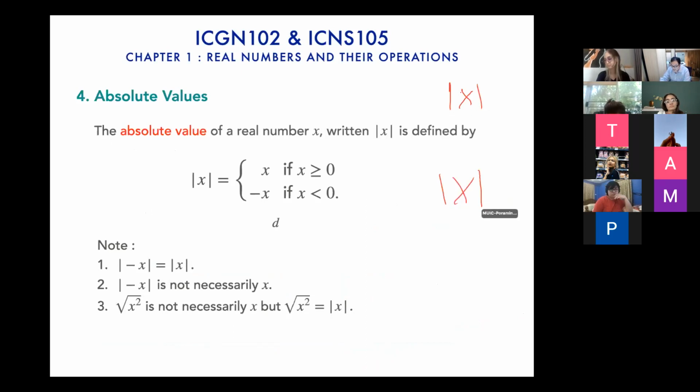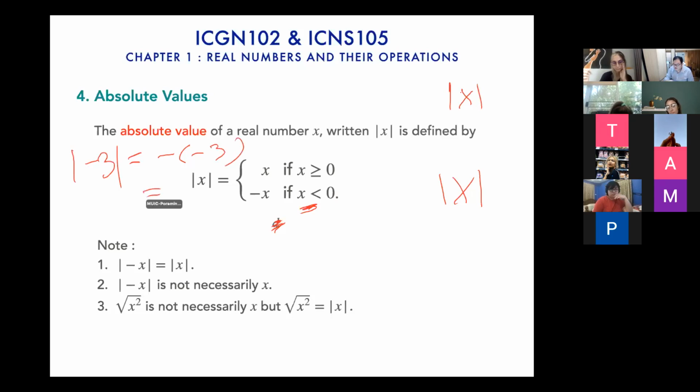It is defined by absolute x equals x if x is greater than 0, and it is minus x if x is less than 0. So for example, if you have absolute negative 3, x is negative 3, which is less than 0, then absolute x is negative x.